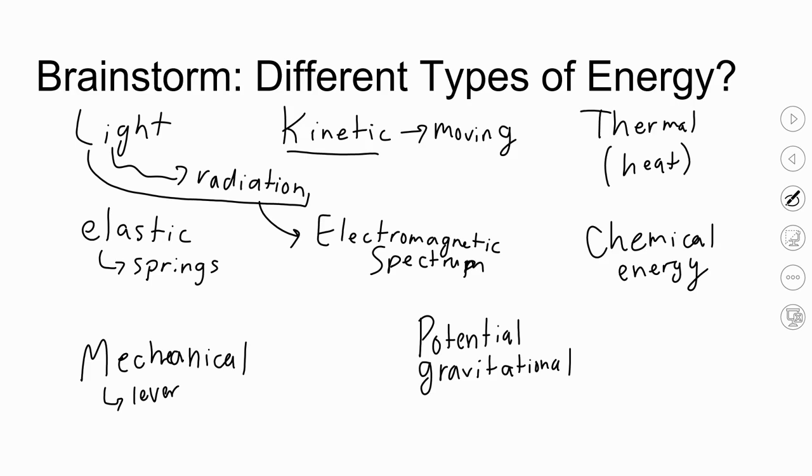So technically, chemicals are also potential energy. They're storing the energy, and they have the potential to do something. Or like a spring, when you pull that spring, it has a potential. So these are other types of potential. So that's why I'm specifying this is gravitational potential energy. Okay. Other types of energy that you can think of. I think we've got a lot.